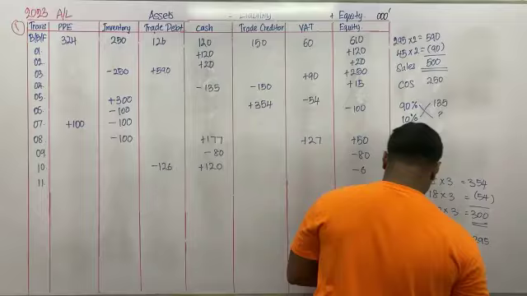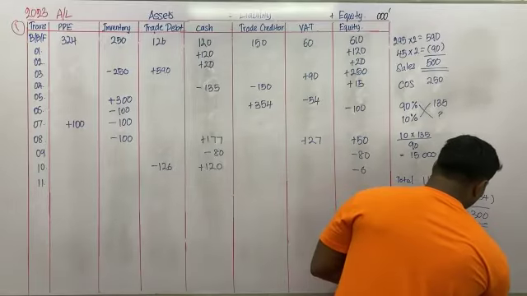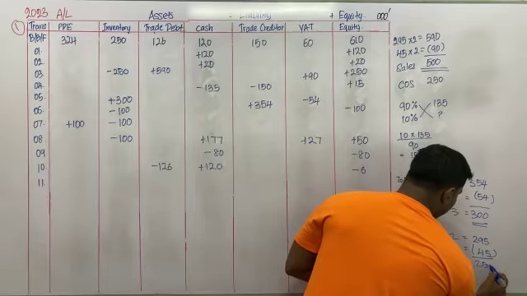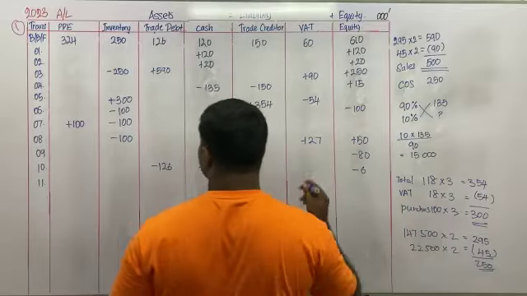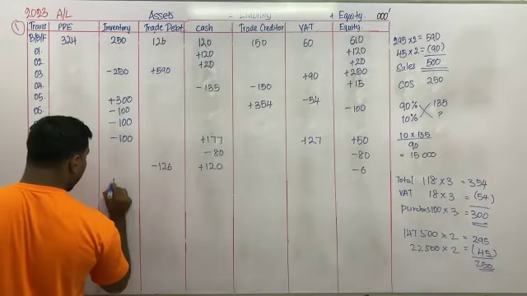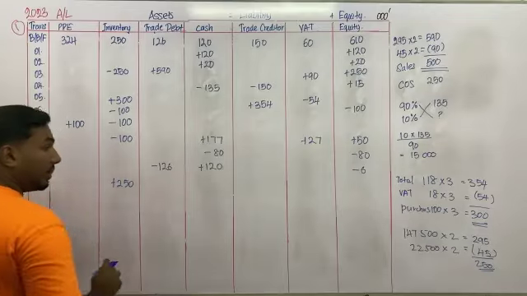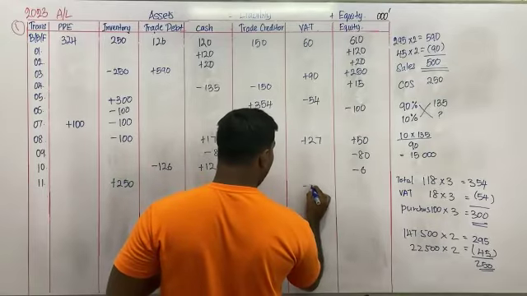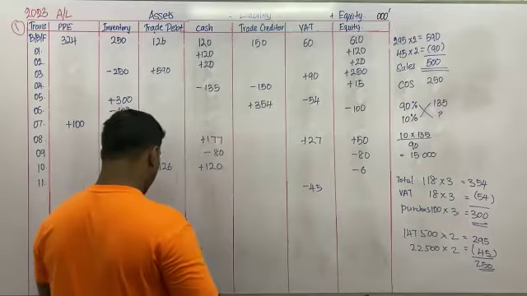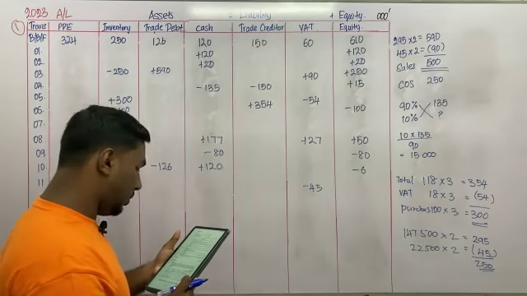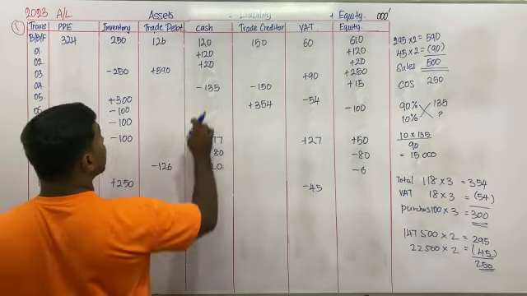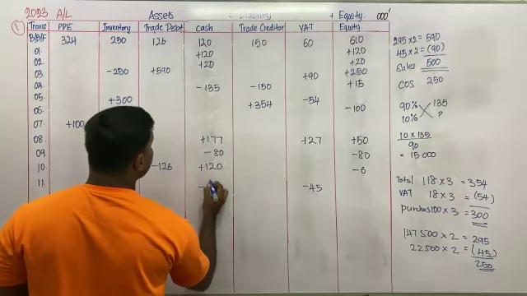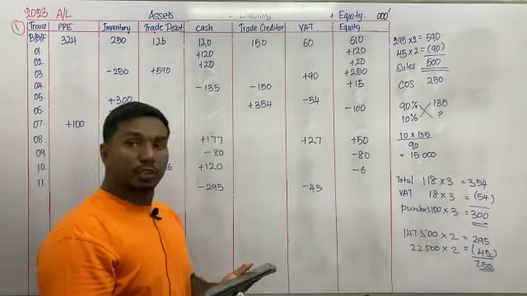That is 295,000, of which 45,000 is VAT. So the actual purchase is 250,000. This is the actual value of the purchase. And the purchase VAT is a debit VAT, 45. We are purchasing on a cash basis, so cash minus 295, the cash total value.